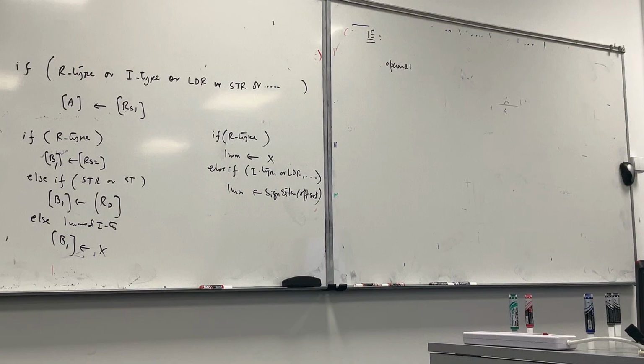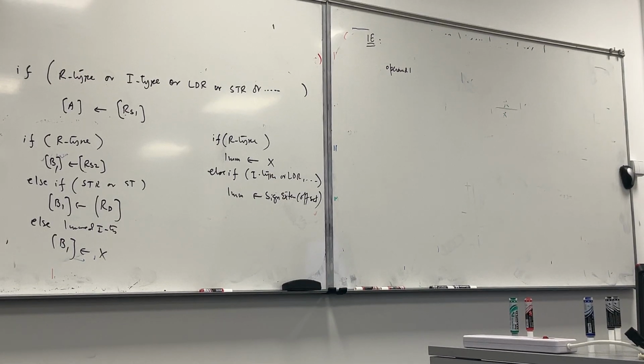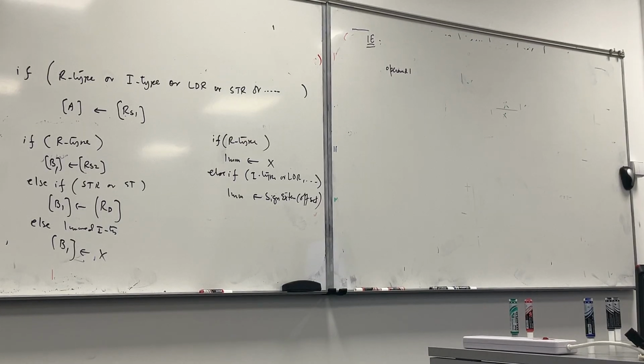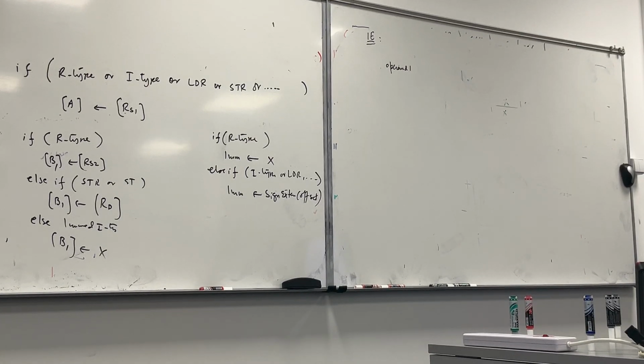So here, what are you using? NPC. If there is an NPC, it means there is some branch instruction. Clear?